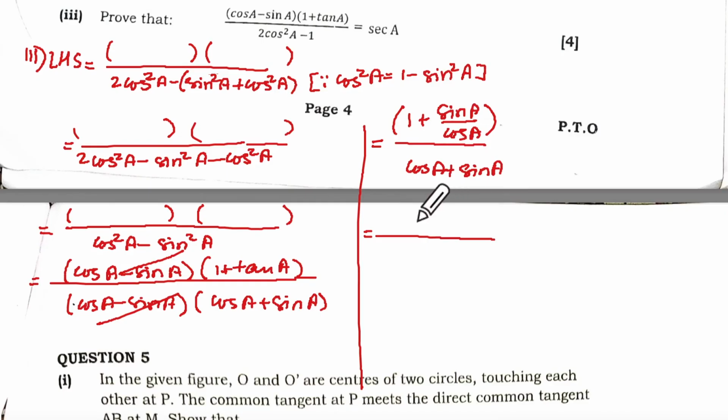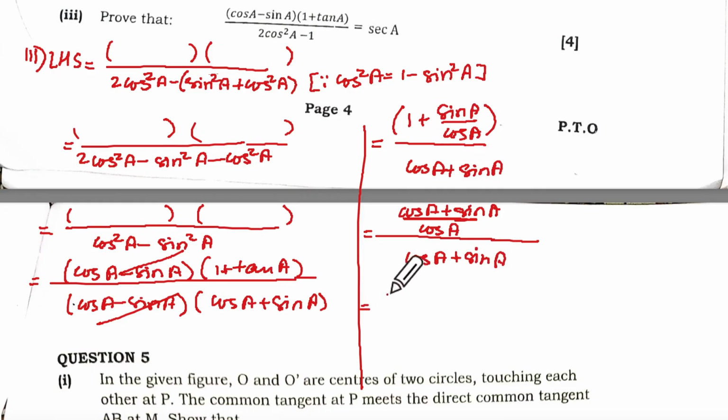In the numerator, make sure this line is in line with this equal to sign, because otherwise the examiner gets confused. Please make sure that this equal to line is in line with this, and the fraction in the numerator should have this line smaller than this one. Right over here cos a, and then you will have cos a plus sin a, and this will be cos a plus sin a.